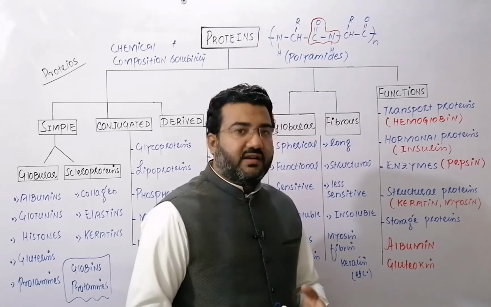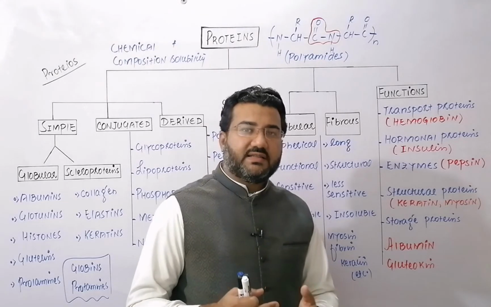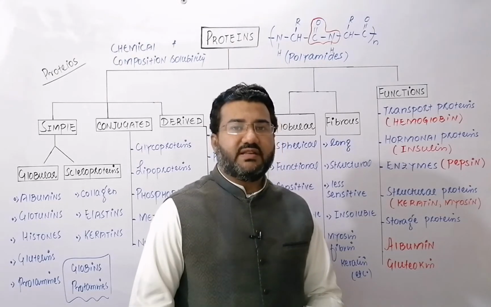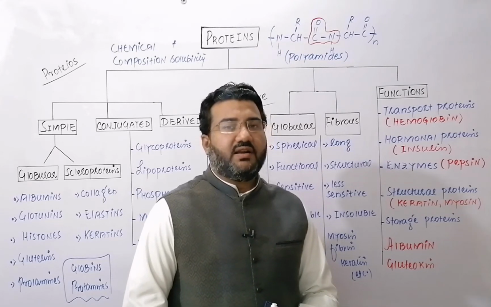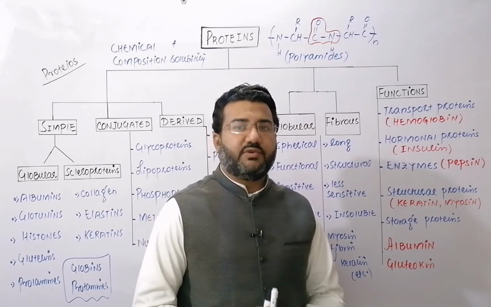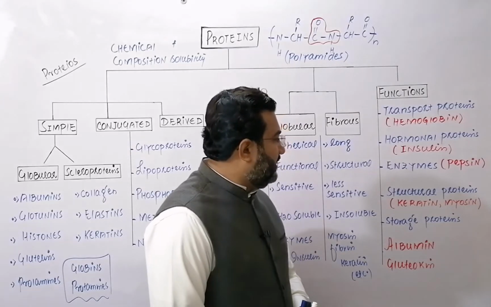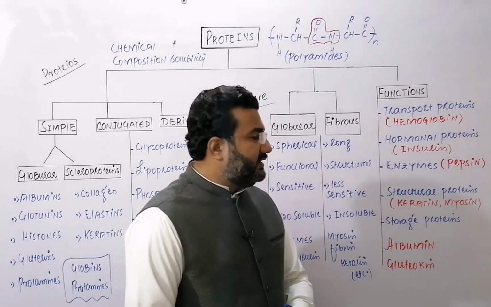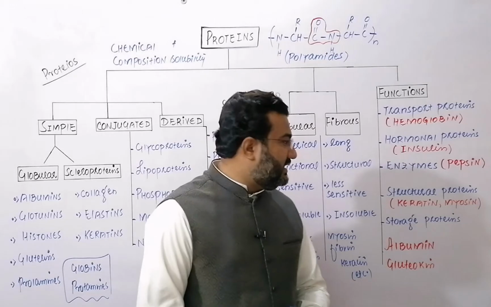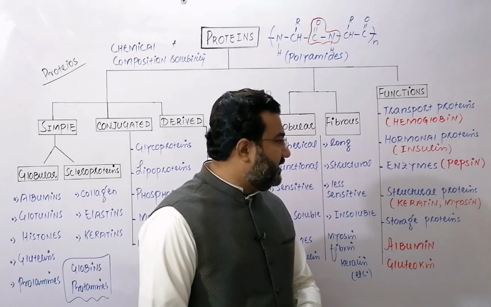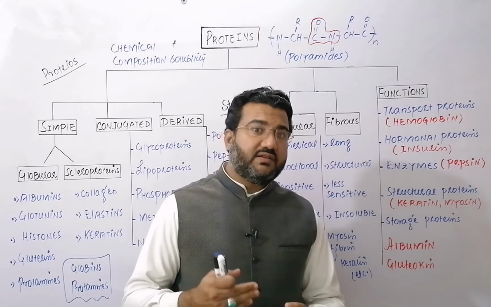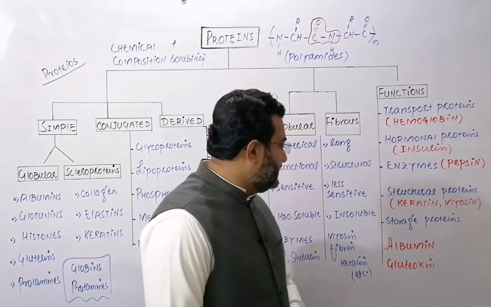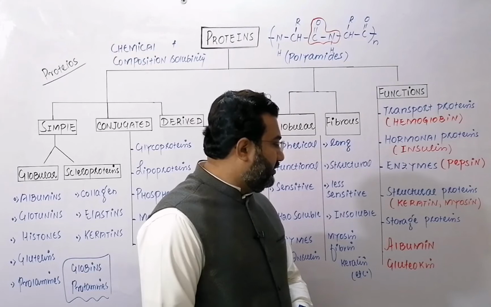Enzymes are biocatalysts that catalyze the metabolic processes taking place in the cell, and one example is pepsin, which is a protein digesting enzyme produced in the stomach of humans. Structural proteins make structures in the body just like keratin, nails and hair, myosin, muscles. And storage proteins act as reserve proteins in the body just like albumin and glutelin.